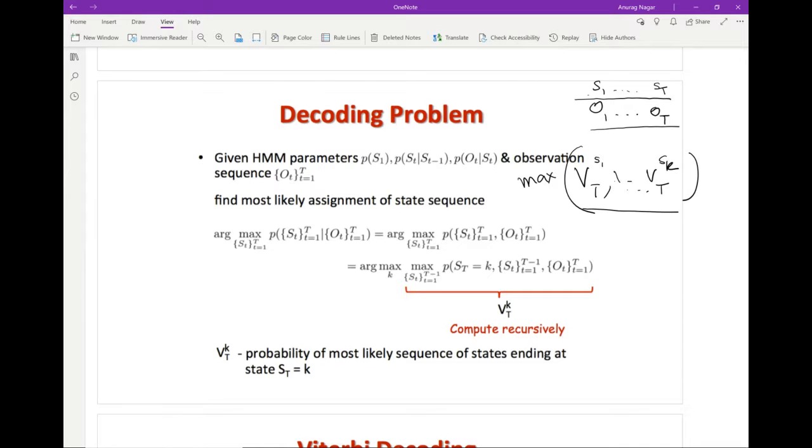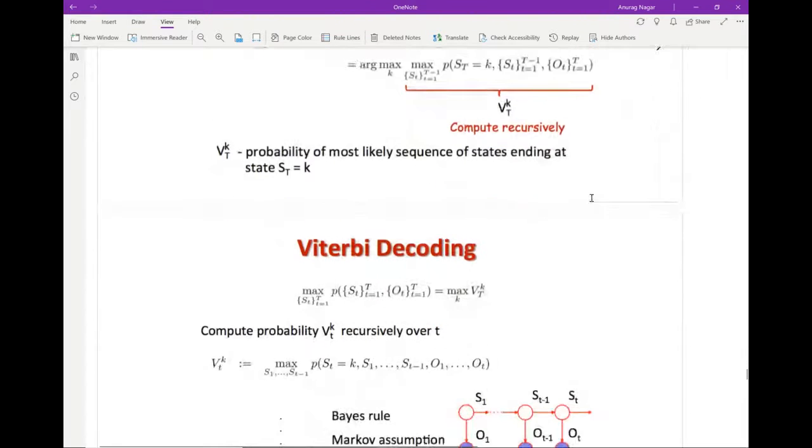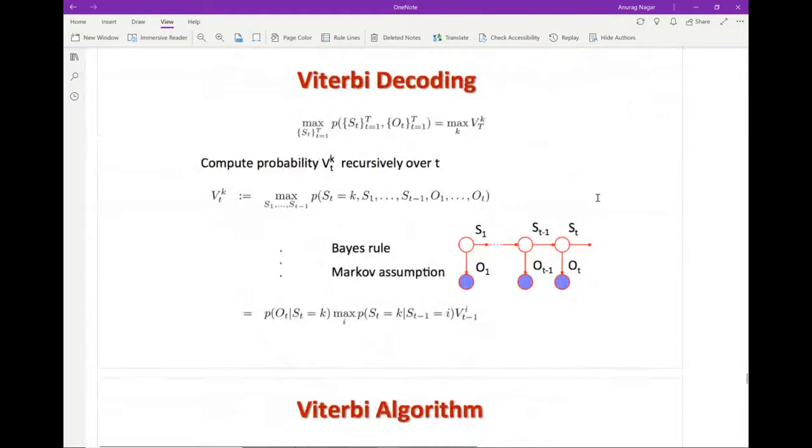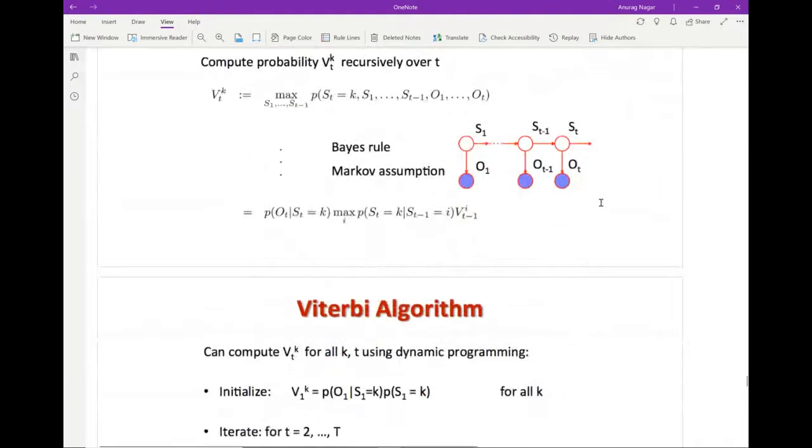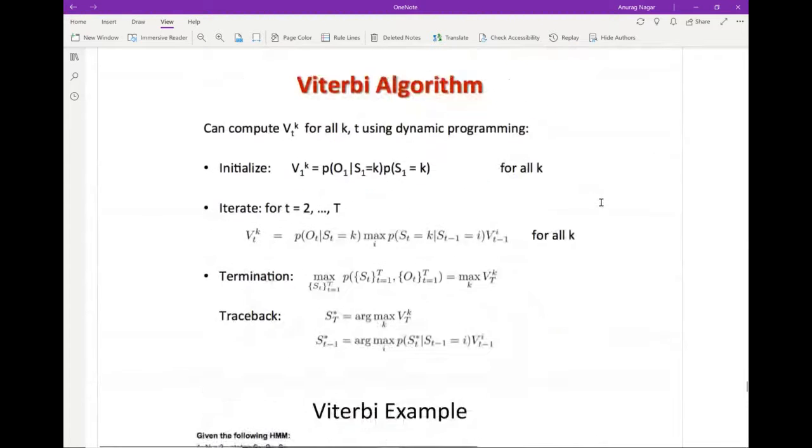Suppose in this case V at time T, Si is the highest. So I'm going to predict that at time t equal to uppercase T, the most likely state was Si. That is what I'm going to figure out. Okay, so I hope this is somewhat clear to you. It's going to become clearer when we do the actual examples.